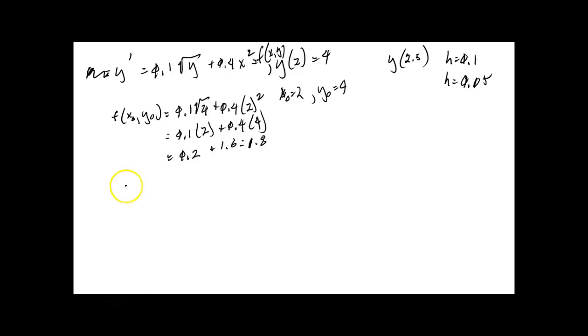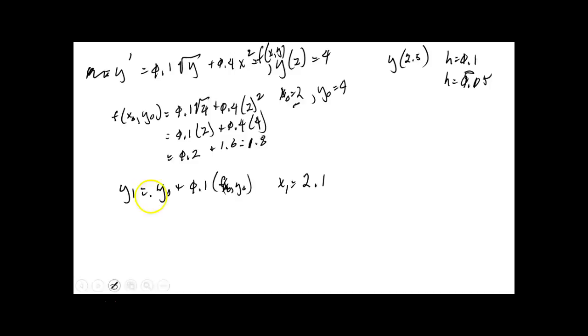From that, we'll do y1. y1 is equal to y0 plus, what's our h? 0.1 times f of x0, y0. So your x1 is going to be 2.1, right? x0 plus h.